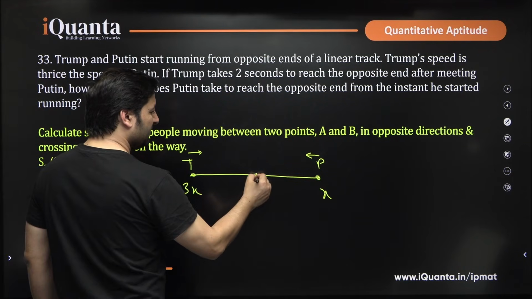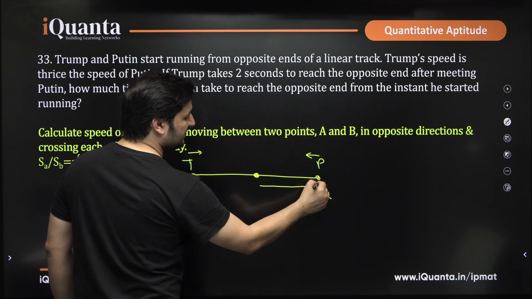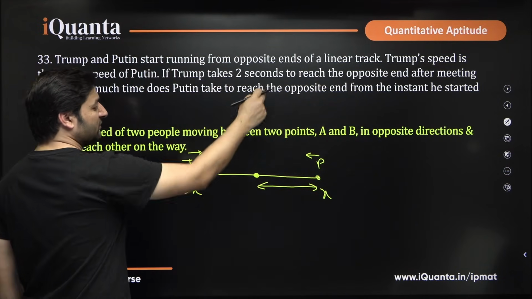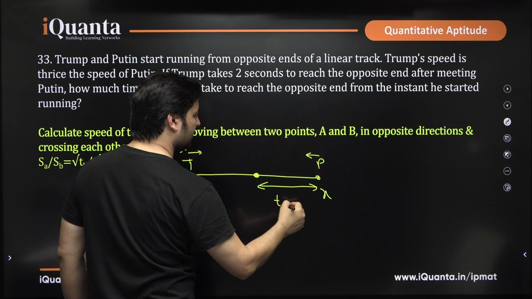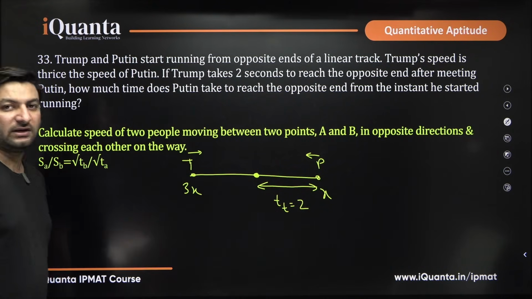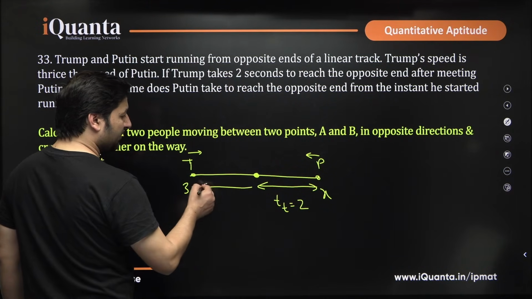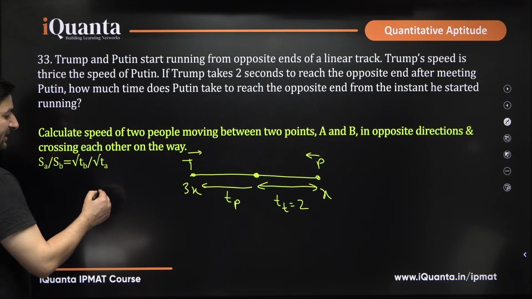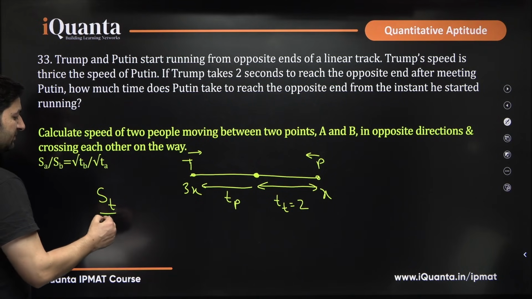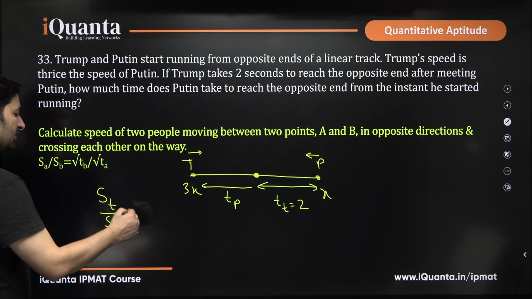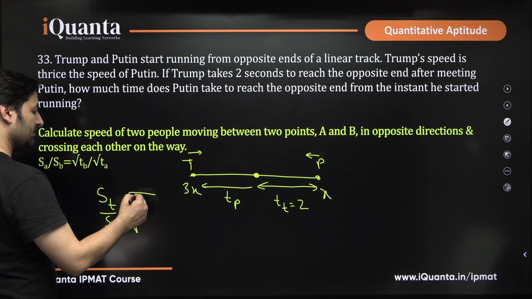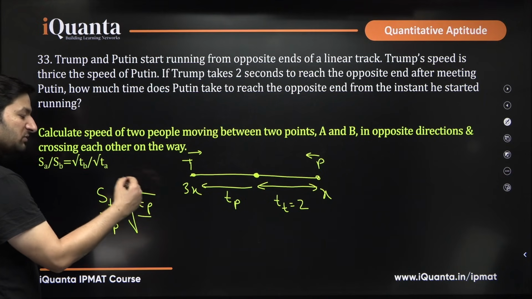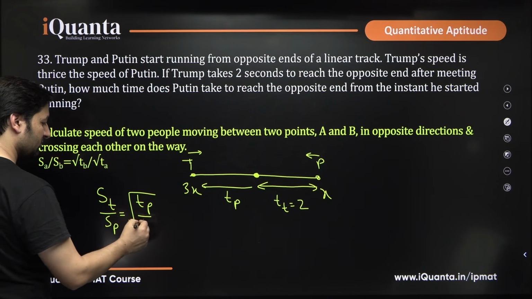After meeting, Trump takes time to reach the opposite end, and that time was 2 seconds. So, time taken by Trump is 2 seconds, isn't it? And the time taken by Putin to reach here will be TP. So, can I say that speed of Trump upon speed of Putin will be in this ratio, root of TP upon TT, the reverse of that ratio.